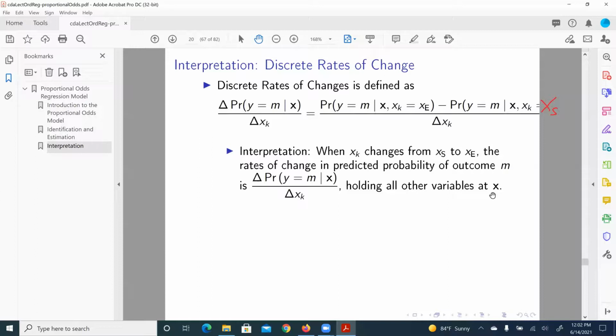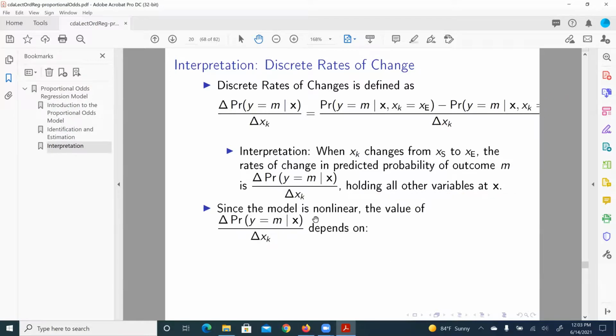We're not allowed to say holding all other variables constant, because when we say that, it means it doesn't matter where those variables are held, as long as they're held constant, the result is going to be the same. No, for nonlinear models, when we calculate discrete rates of change and discrete change, we have to hold all other variables at certain fixed values.